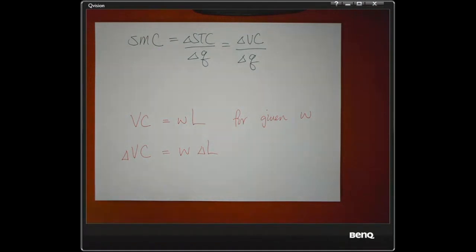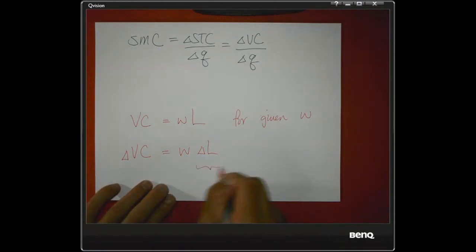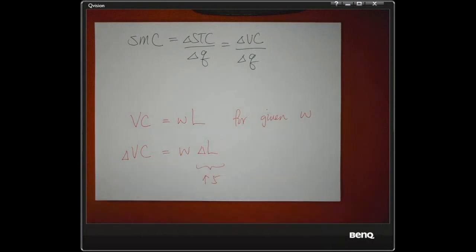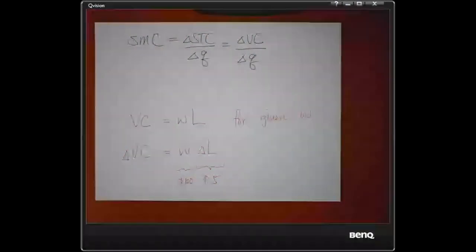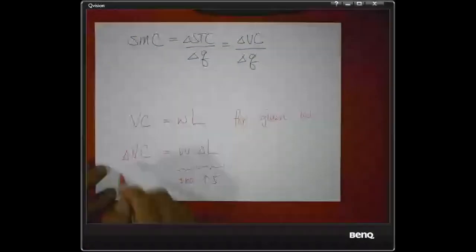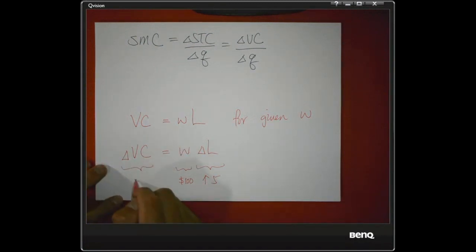That is, if you're going to use 5 more workers and each worker costs you $100, and therefore the variable cost would rise by $500.